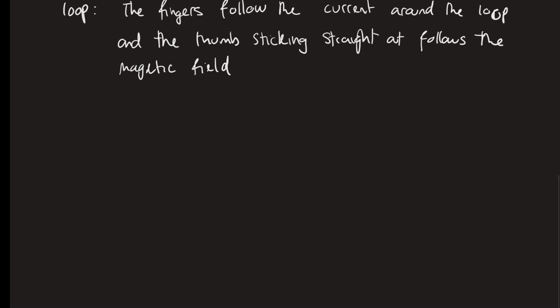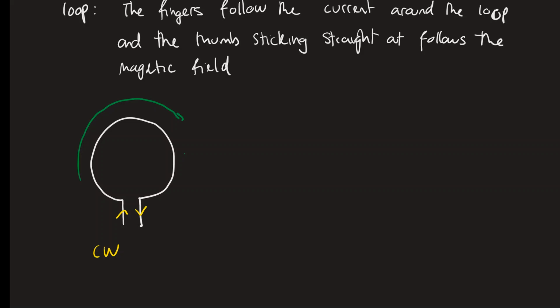So let's look at an example of this. Let's say that we've got a loop like this and we send a current around like that. So the current's going clockwise. So the fingers of the right hand need to all point around like this.